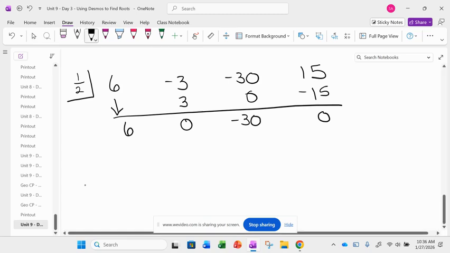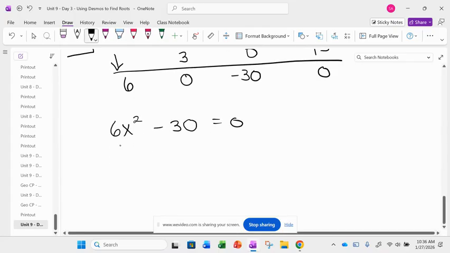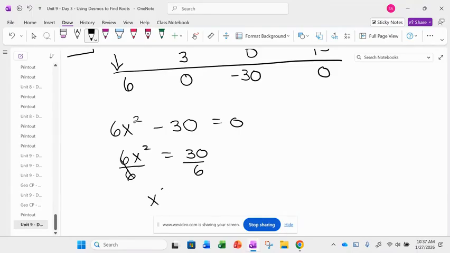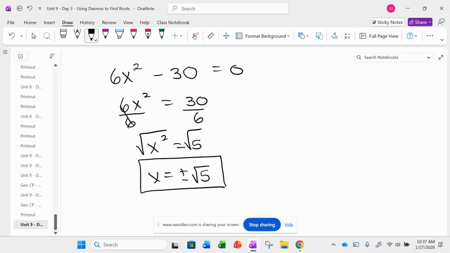So now I can say 6x squared plus 0x, no need to write that 0x, minus 30 equals 0. So we're going to have 6x squared equals 30. Divide by 6. x squared equals 5. So what does x equal? Plus minus root 5. And there's our remaining two radicals.